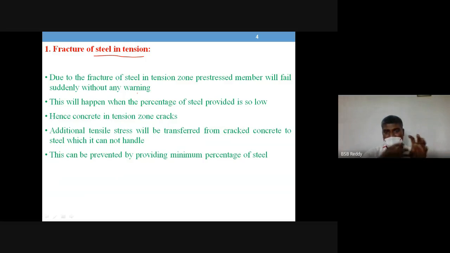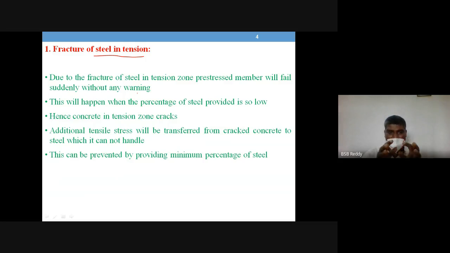We have induced compression, so whatever tensile stresses come from bending of the member are counteracted by the compression, and finally the entire section is in compression. There is steel in prestressed concrete also, but that is only for tensioning purposes, not for taking the tensile stresses, because there are no tensile stresses.